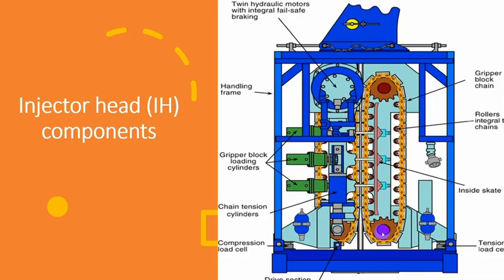So these two are called idle sprockets, and these two are called driving sprockets. The hydraulic motors rotate the driving sprockets in reverse directions.